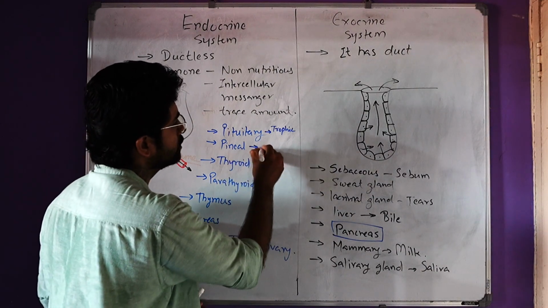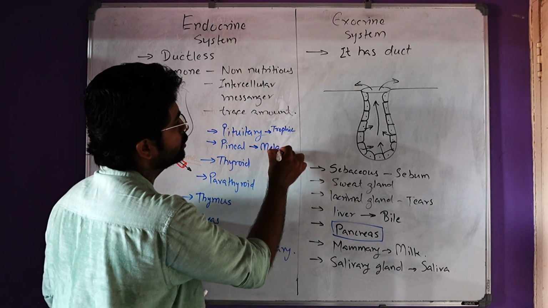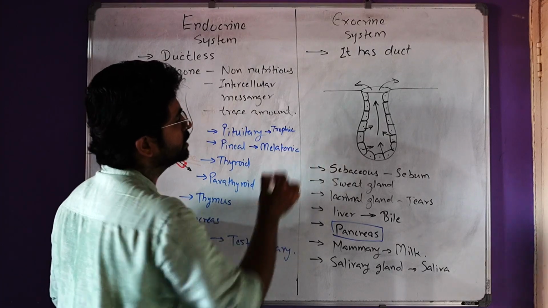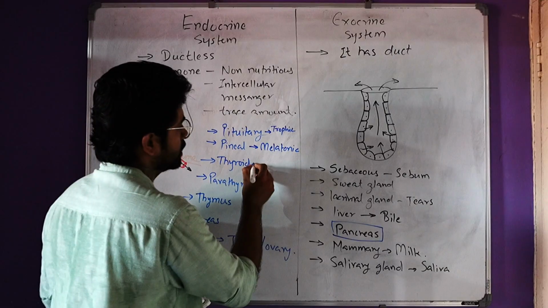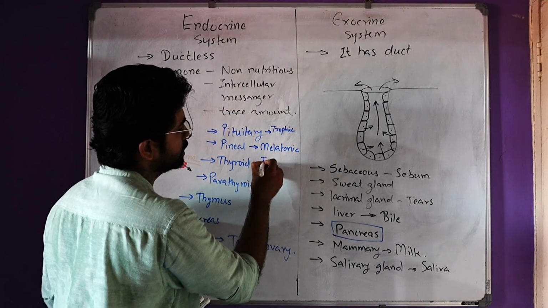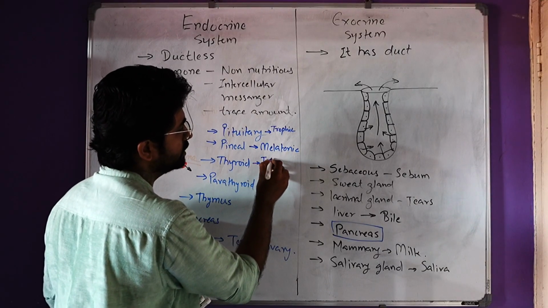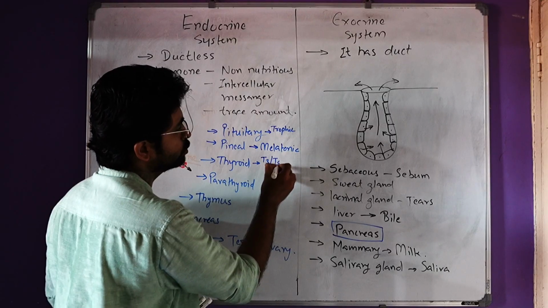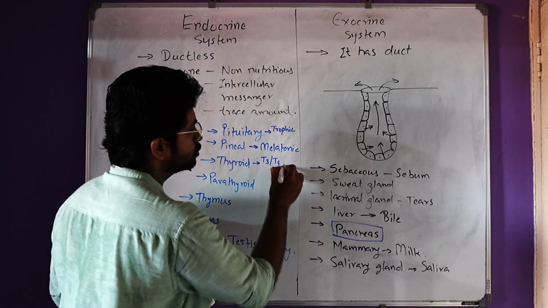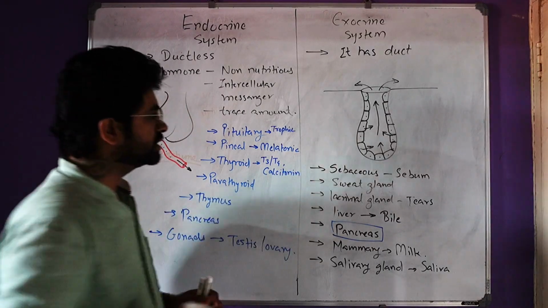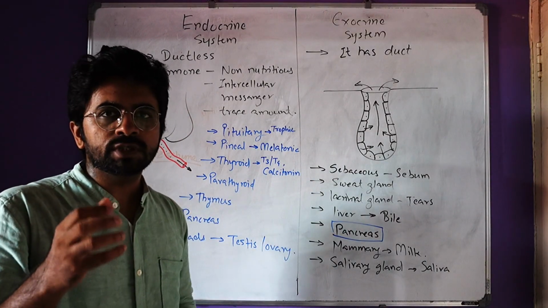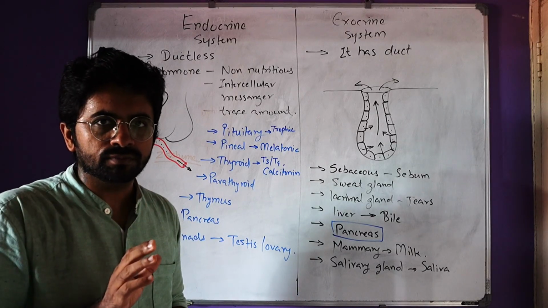Pineal gland produces melatonin, which is sleep regulatory hormone, released in bloodstream. Thyroid releases triiodothyronine and tetraiodothyronine, also known as thyroxine. It also releases calcitonin, and calcitonin has the function to keep the calcium inside the bone.